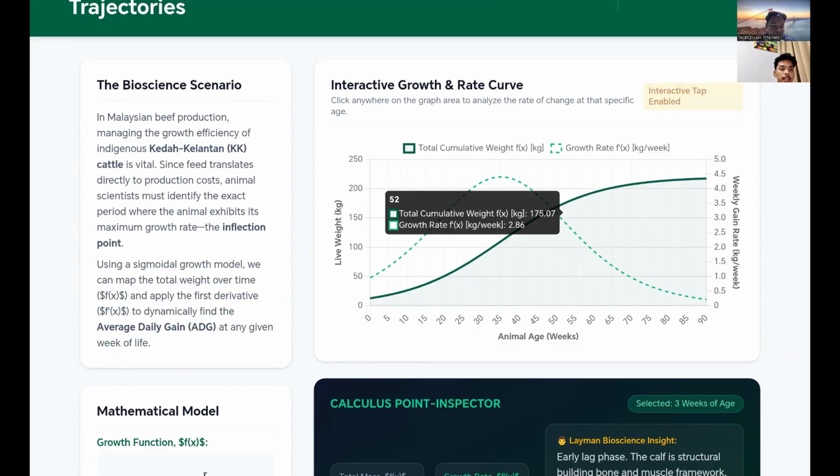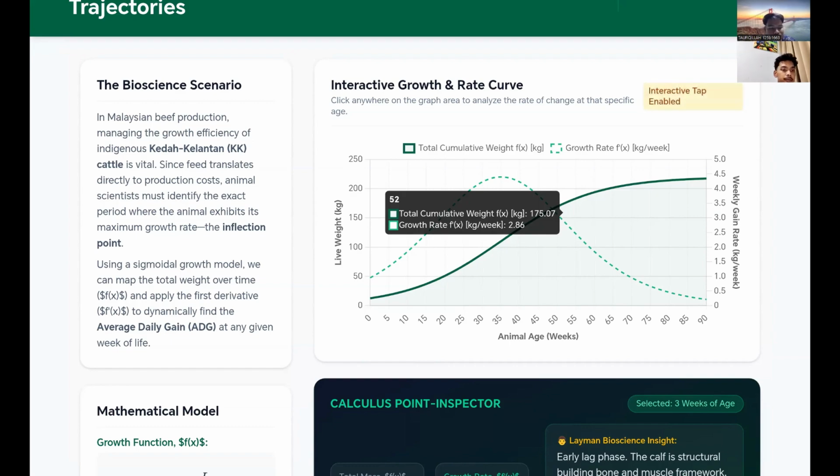Firstly, economic impact: identifying the exact time of maximum growth helps farmers optimize feed formulation and determine the cost-effective market processing time.